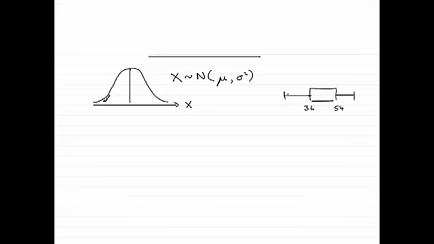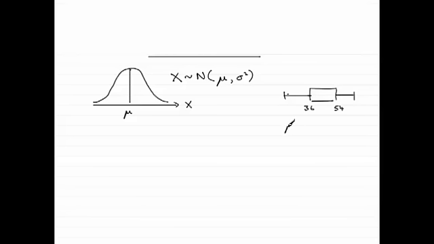Now, if you've got a normal distribution, normal distributions are symmetrical about the mean mu. And so even though this distribution might not be quite symmetrical, the mean theoretically would be midway between the lower and the upper quartiles.